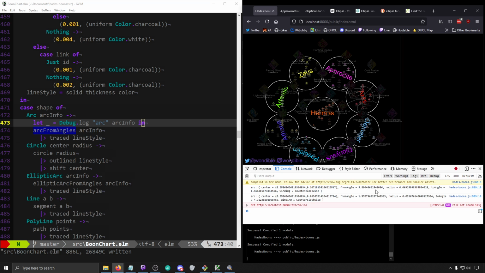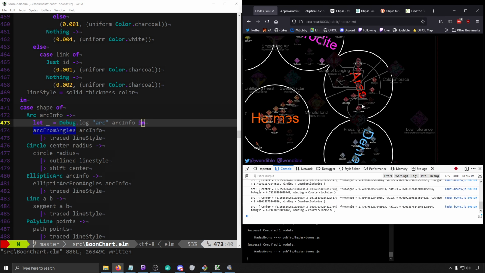Okay, center from angle 5. Oh, this does cross 0, so that might be what's messing it up. Actually, both of these cross 0? That's radius.